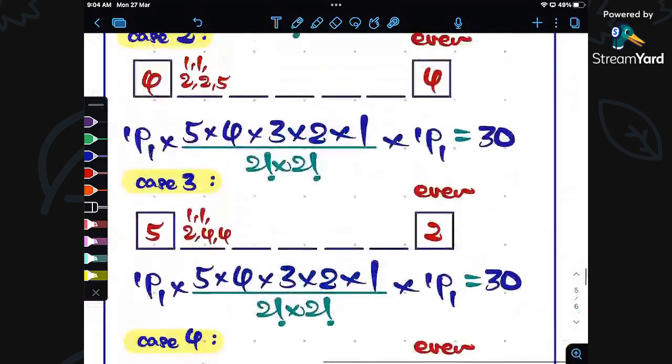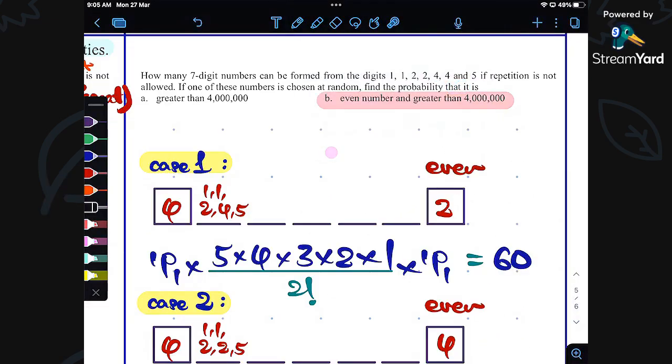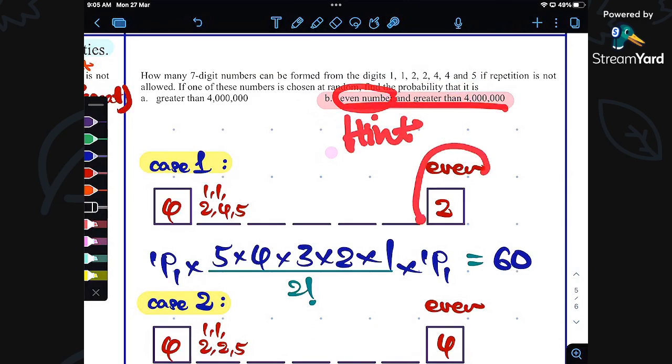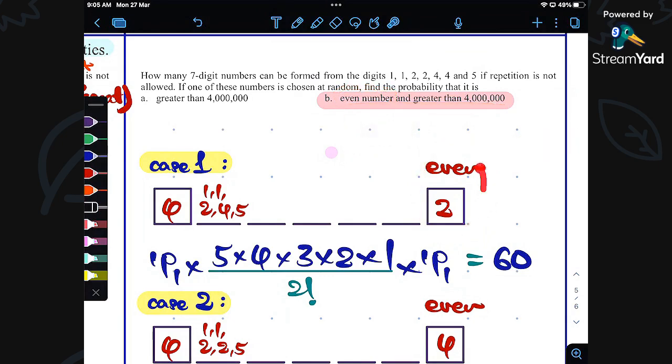So now I want you to try by yourself. Okay, you try this by yourself. Even numbers. I give you a hint lah. Even or odd numbers, dia sebenarnya daripada hujung digit. Digit yang paling terakhir sekali adalah penentu even ataupun odd. Sebab itulah saya letak even saya di belah paling hujung digit.